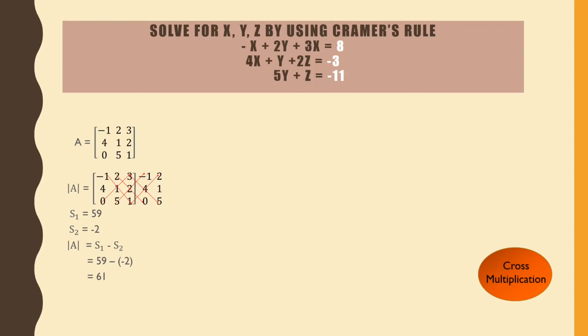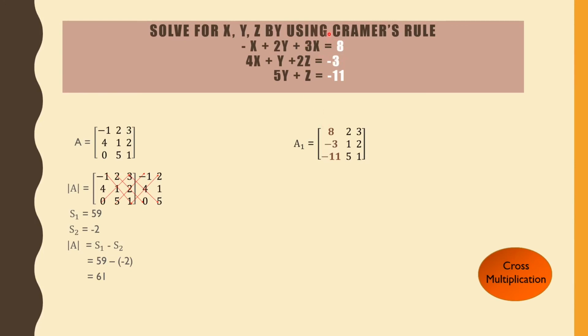Now, construct standard matrix for A1. What is A1? It is quite a simple technique actually. Well, basically, you are just going to replace the column X, which is column number 1, with value from constant matrix, which is the answer from the original equation.